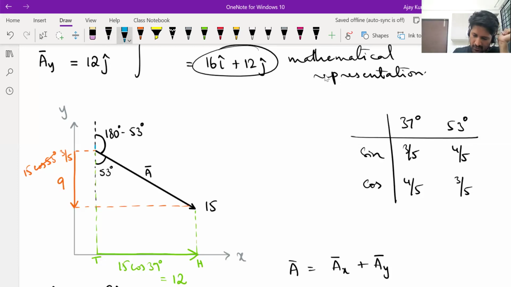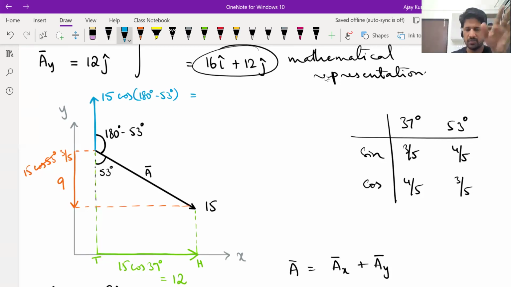Assume it has a component this way. You can take component of a vector in any direction you want. So you can take component in this direction also. With that direction, what angle does it make? 180 minus 53. Then the component in that direction will be 15 cos (180 degrees minus 53 degrees). And we know cos(180 minus theta) is minus cos theta.